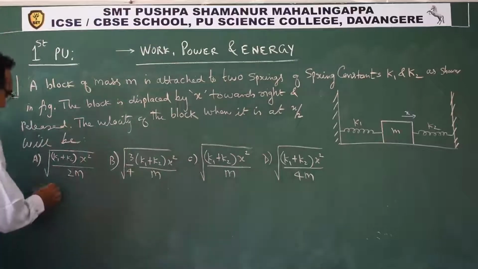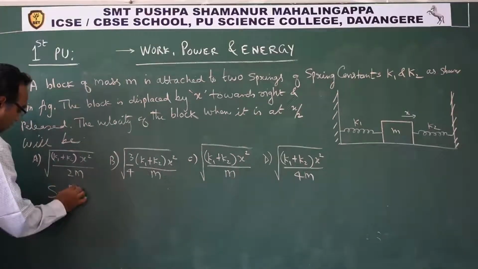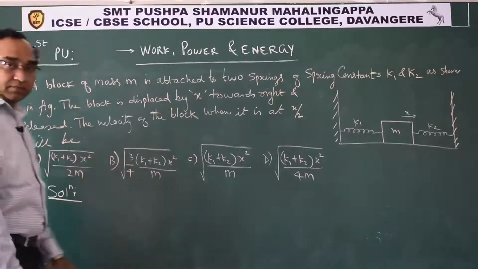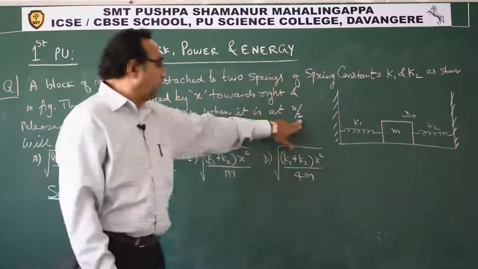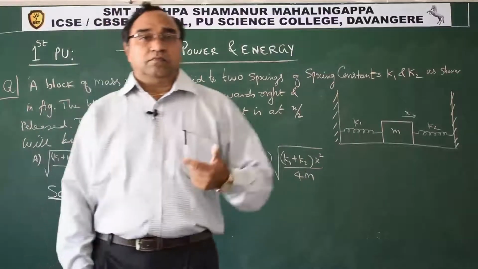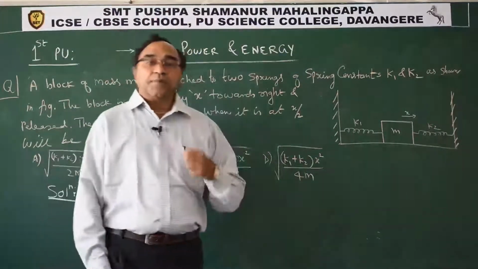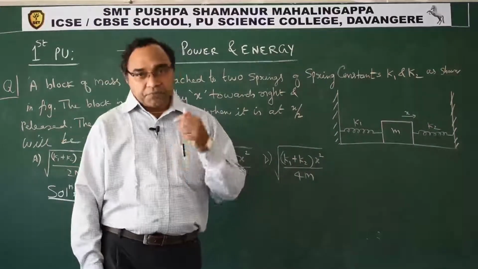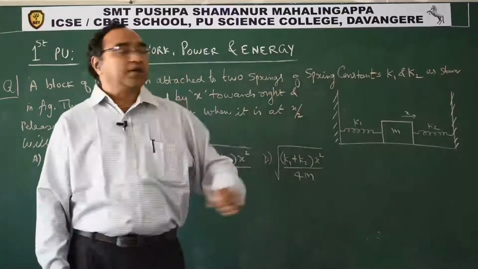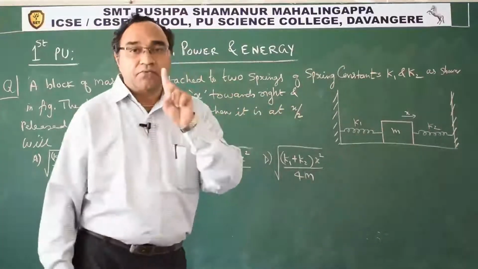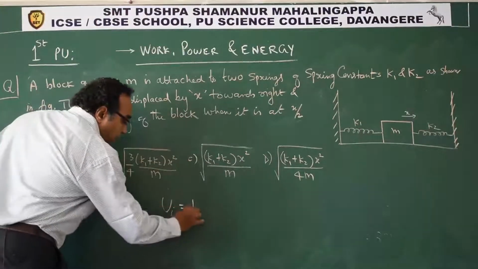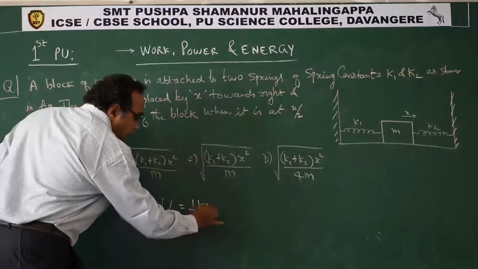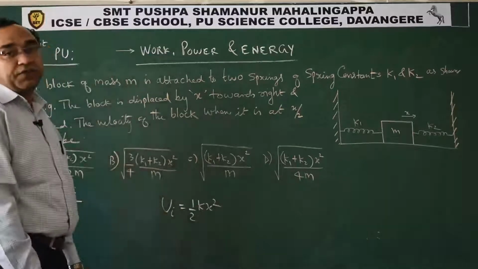So how to solve this? Now carefully observe x here and x/2. This means what? The elastic potential energy of the spring is reducing. Initial elastic potential energy is half kx². This is initial.